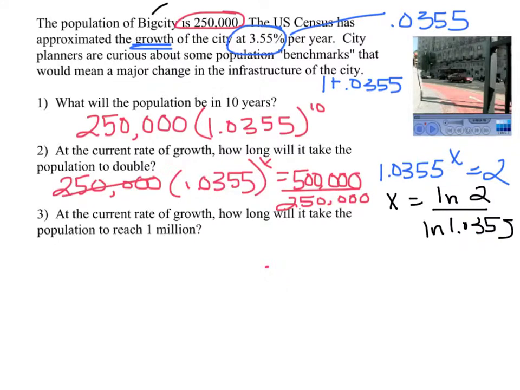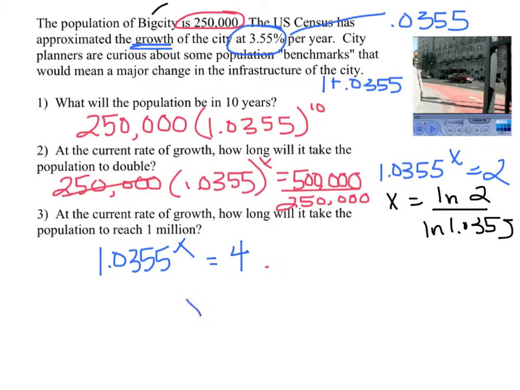Finally, at the current rate of growth, how long will it take the population to reach 1 million? Well, let's use a similar idea to what we had up here, where instead of writing the whole thing down, let's skip to the end. In this case, of course, we're going to have 1.0355 to the x, and we're just going to set this equal to 4, since if we reach 1 million, we're multiplying by 4.